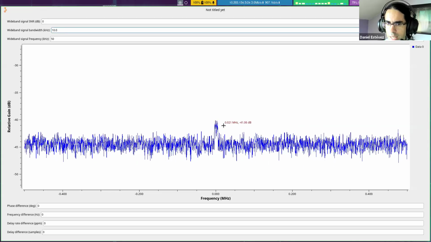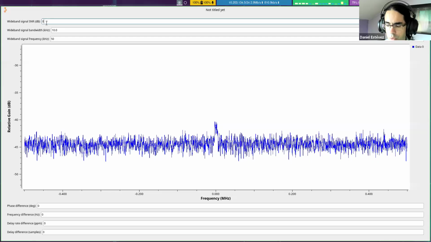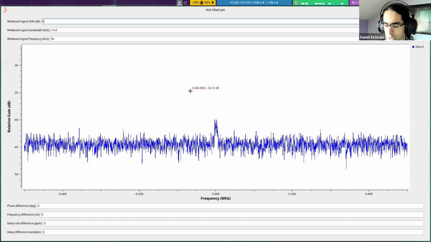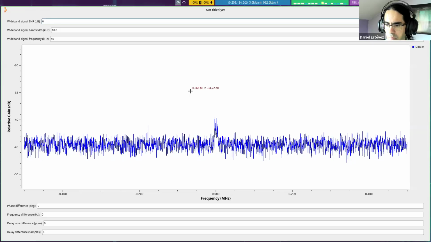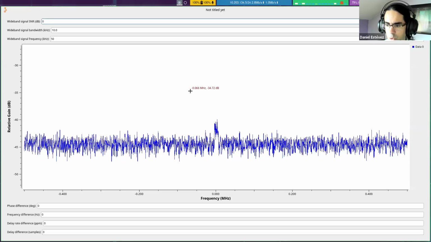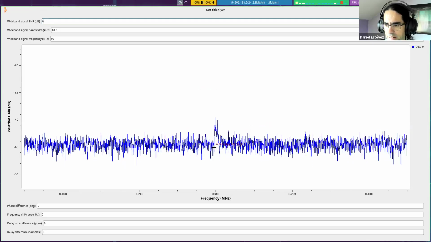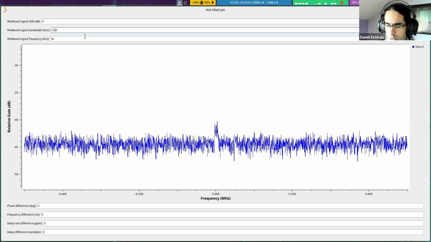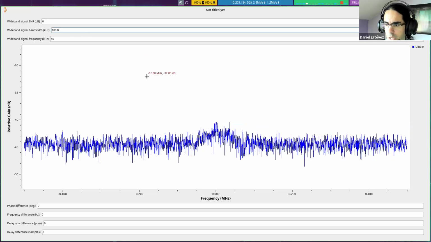So that's the reason why I prefer just signal to noise ratio in this demo, because it's like a measurement of signal to noise which is relative to the occupied bandwidth. And so we get the same behavior no matter what bandwidth we're setting here.